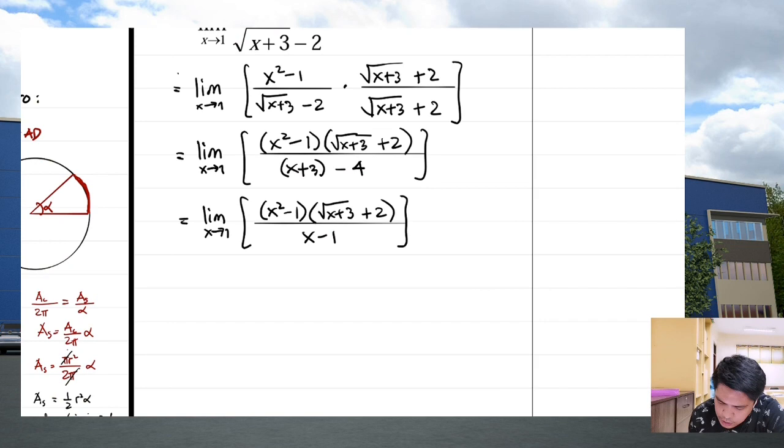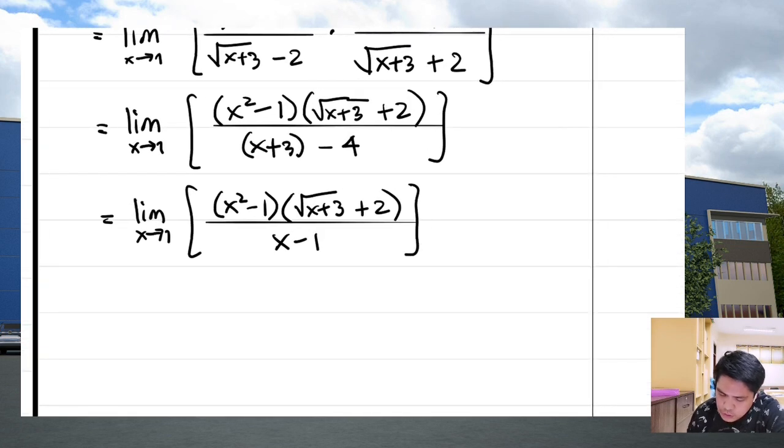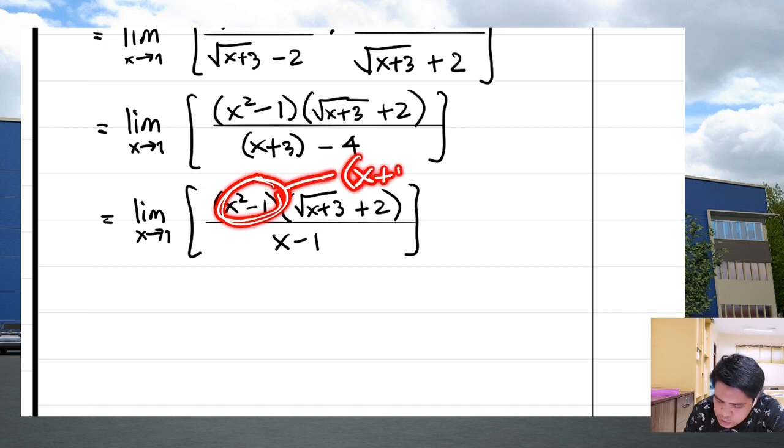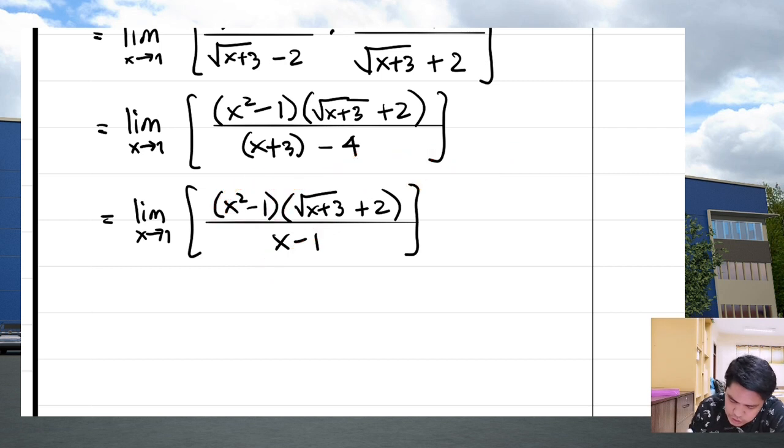Okay, so this time we still cannot continue because if we substitute 1 to x, it is still 0. But if you notice, the numerator is x squared minus 1, which could be factored into x plus 1 and x minus 1. So we can now cancel this. Okay, so let's do that.